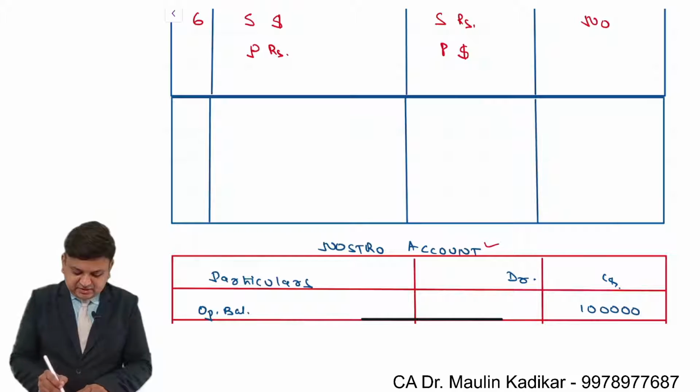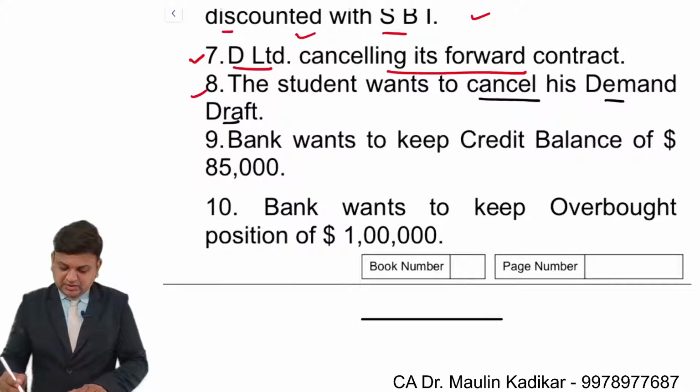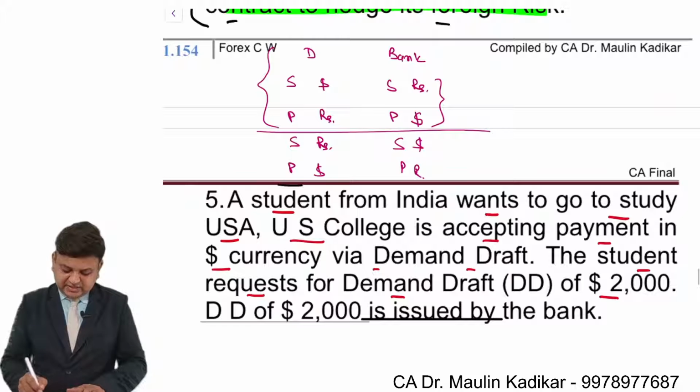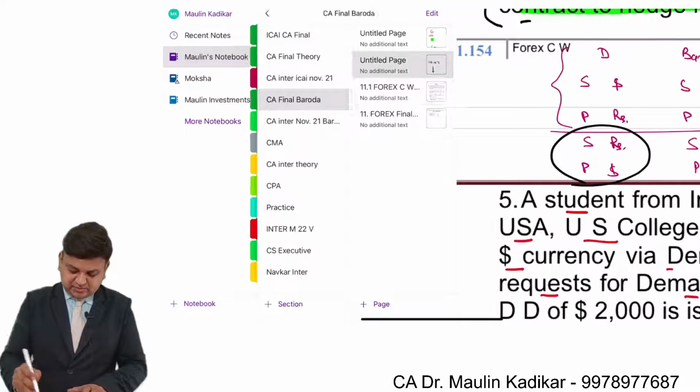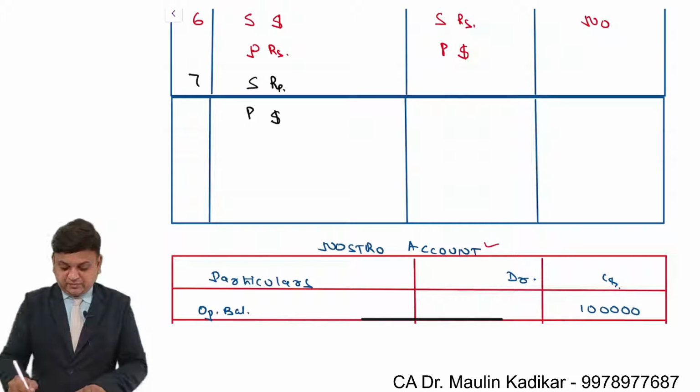So in the 7th transaction, D Limited is cancelling the forward contract. So in that case it is sell rupees, purchase dollar. And from bank point of view it is sell of dollar and purchase of rupees.